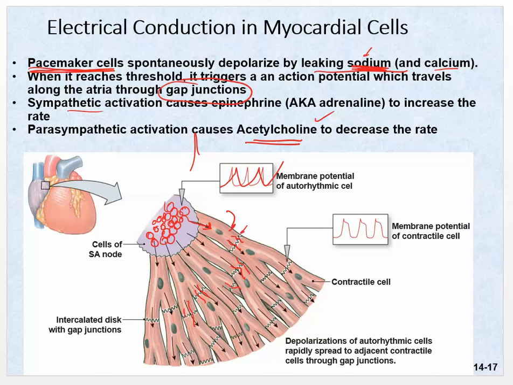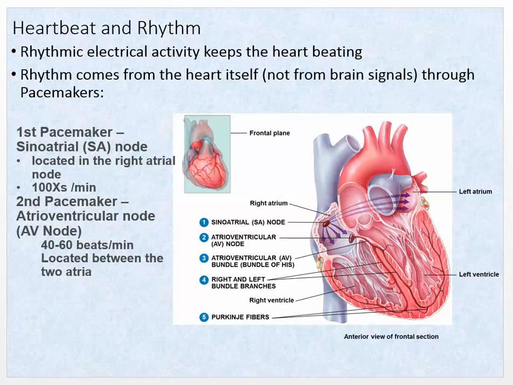We don't have to know that mechanism in here, but that's what it's doing. So these autorhythmic cells are what keeps the heart beating constantly, all the time. And as I said, the rhythm comes from the heart itself. It's not from anywhere else. Not from the brain, not from the spinal cord.